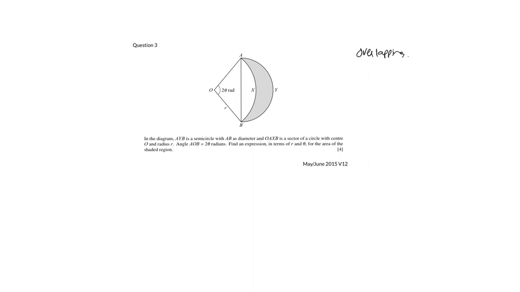In order to find the area of the shaded region, let's first find the area of this segment. To find the area of this segment, you first find the area of this sector and then subtract the area of this triangle. Okay, so that's my thought process. Area of sector AOB minus area of triangle AOB will give you the area of the segment.